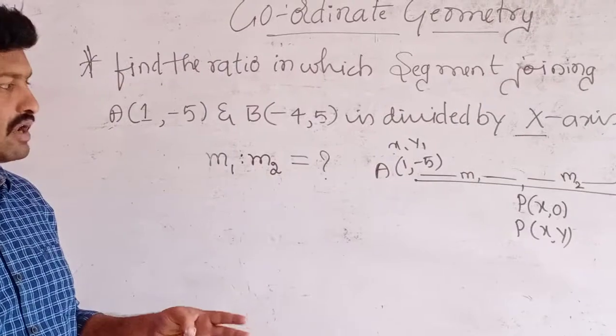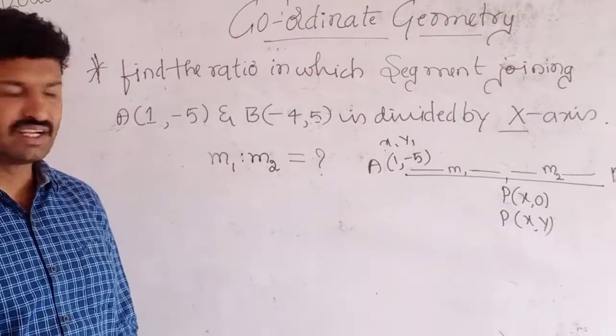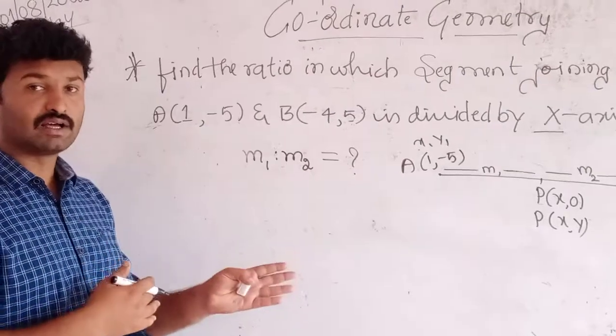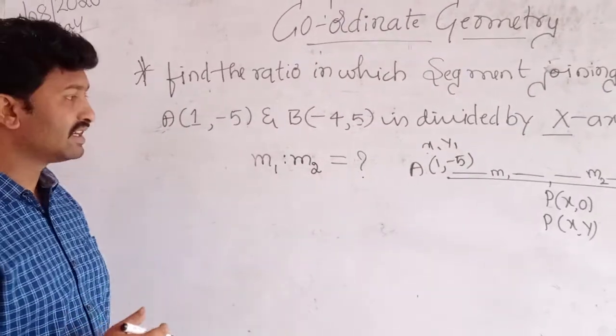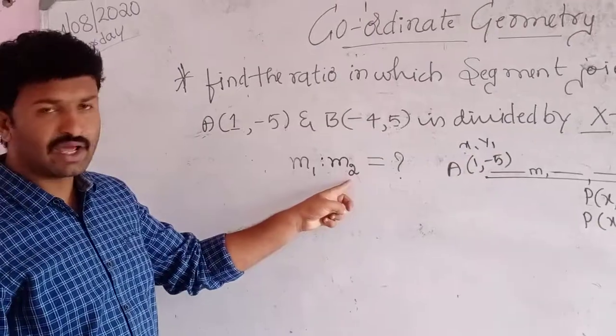To find the values of m1 and m2, I will first consider the section formula. With the help of the section formula only we can easily find m1 and m2.